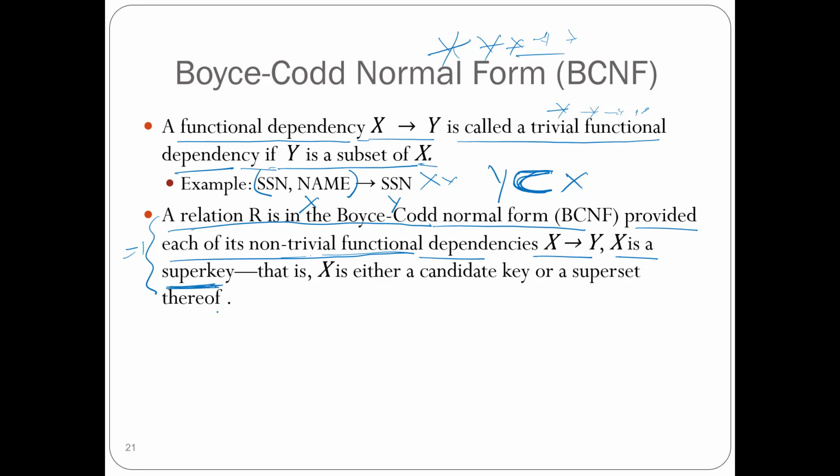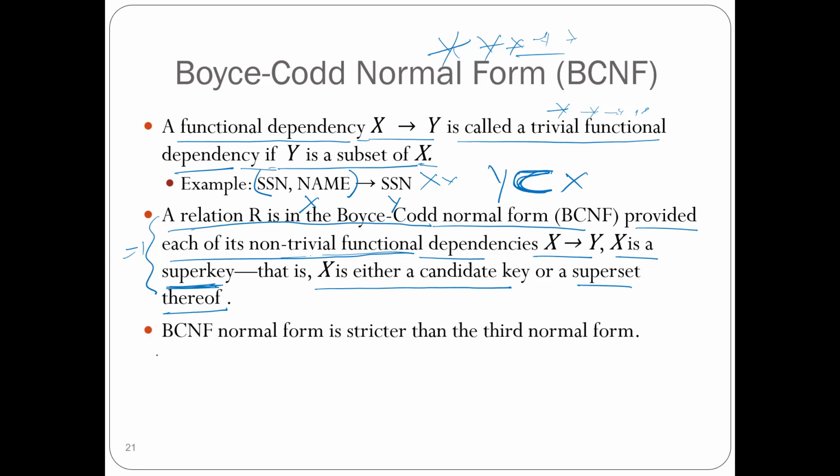Super key we discussed in the last class, right? So what does it mean? It means that X is either a candidate key or a superset of a candidate key. All right, so that is the restriction. BCNF says that for each non-trivial functional dependency of the form X to Y, X should be a super key.